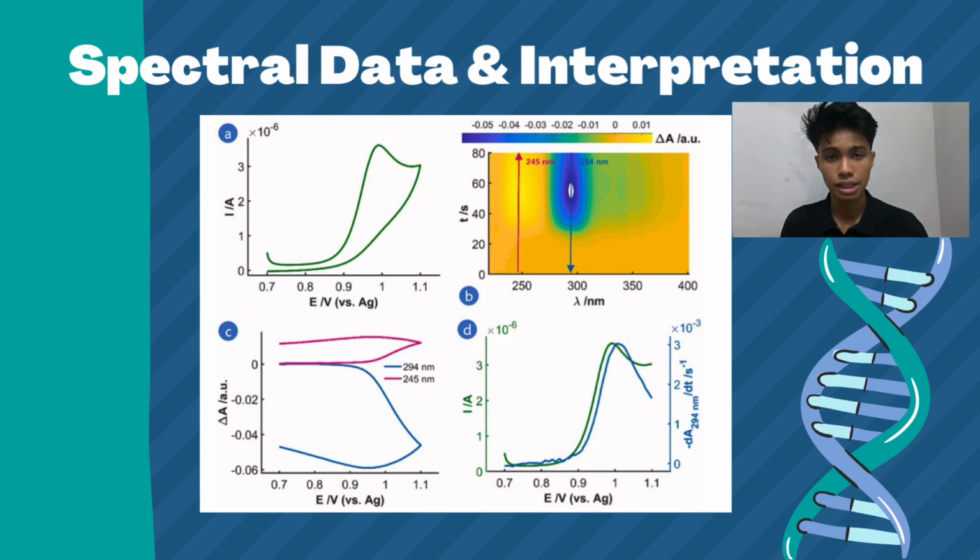To handle this, they used tools like cyclic voltammograms (CVA) and derivative voltammograms (DVA) to match spectral changes with the applied potential. This helped them isolate the ofloxacin signal even in the presence of interfering compounds.